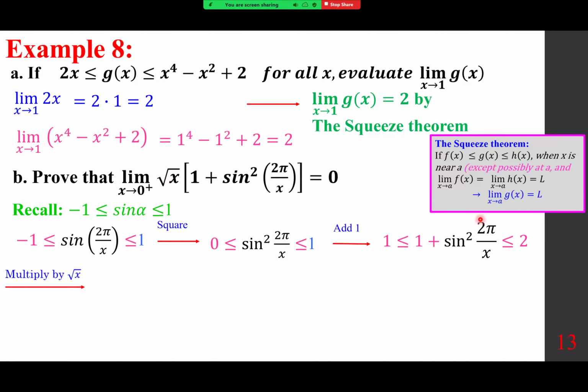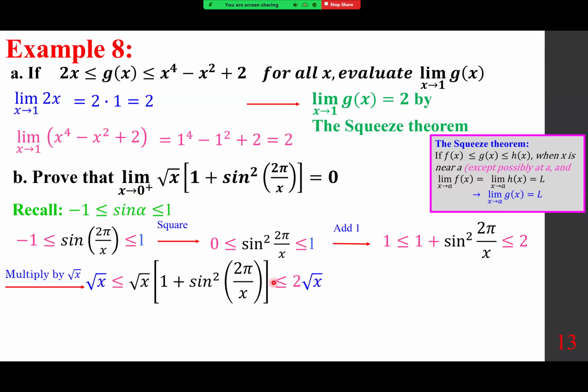If I multiply every side by square root of x, I get this one. And by the way, can I do that? Remember with an inequality, if you multiply by a negative number, it flips over, but x is approaching 0 from the right, which makes square root of x always a positive value, and therefore the sign doesn't change.